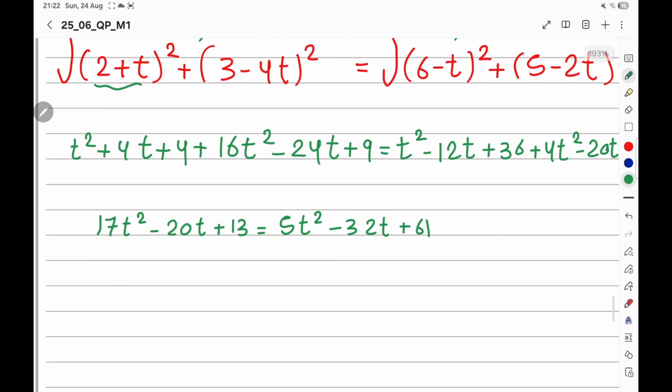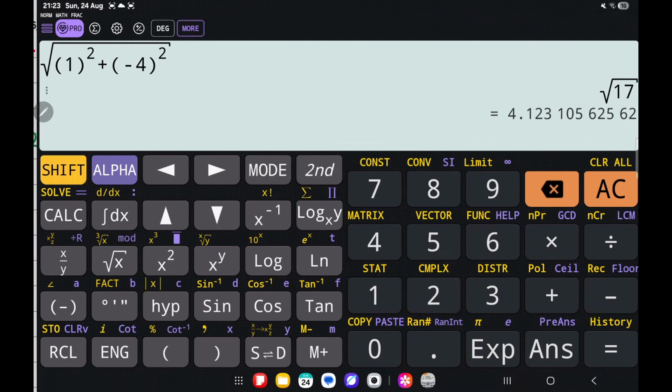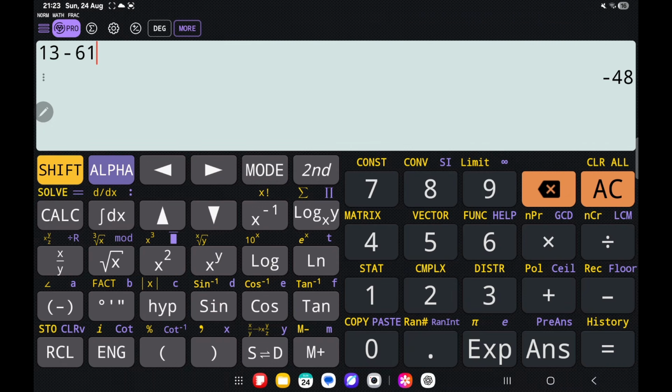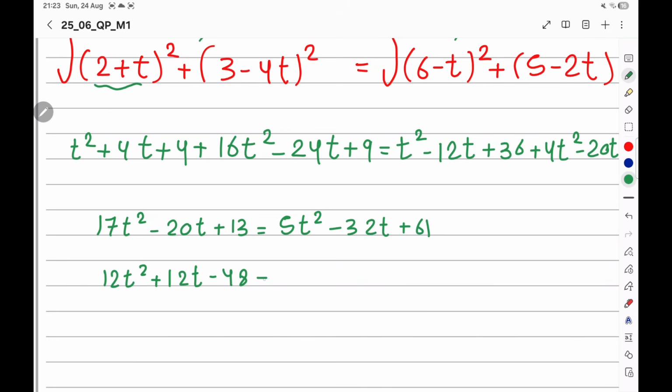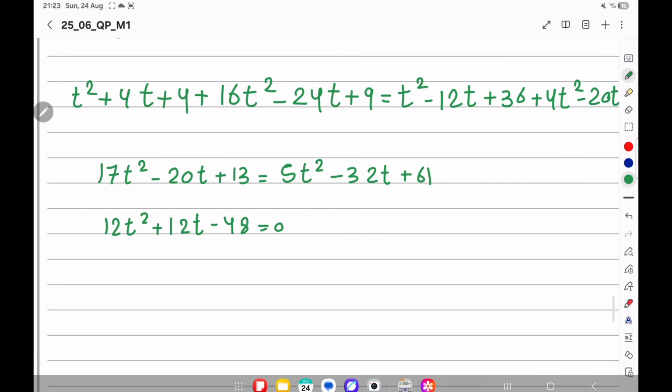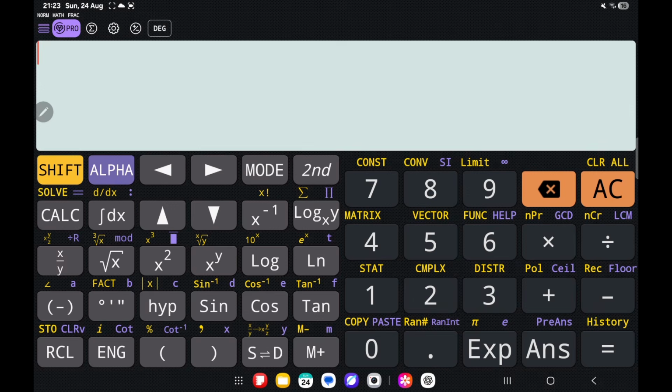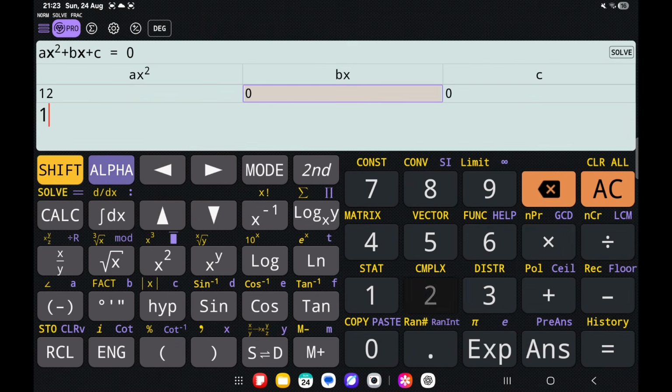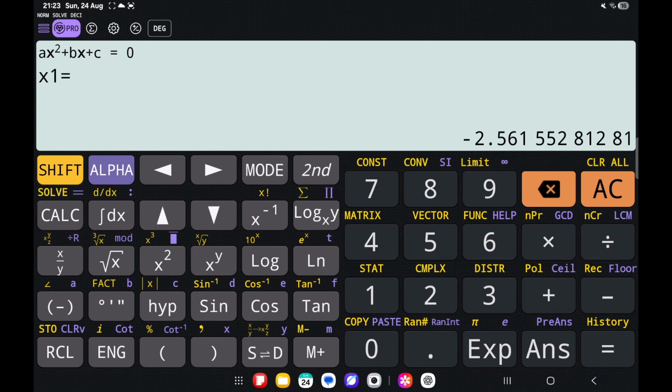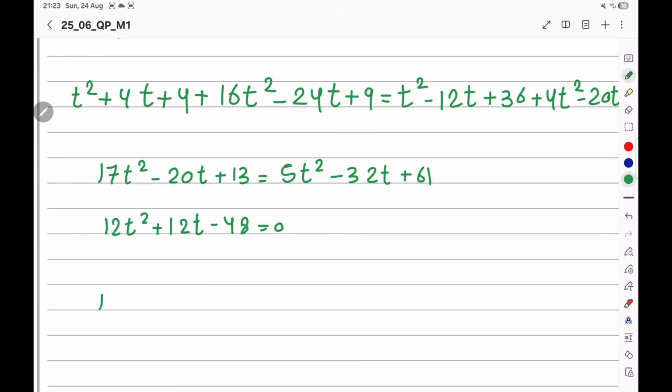Move the 5t squared to the left: 17t squared minus 5t squared is 12t squared, negative 20t plus 32 plus 12t, 13 minus 61, negative 48 equals 0. Using mode 5, 3, with 12, 12, negative 48, time negative 2.56, t1 equals negative 2.56.